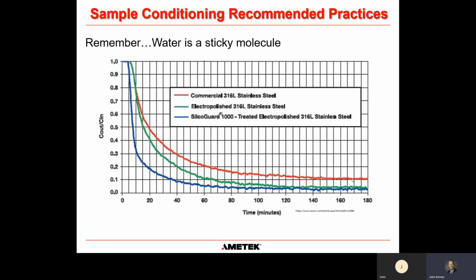You can see these are dry-down times for water, and we're talking about minutes to even hours. This is just with different types of stainless steel tubing, electropolished or coated. If I were to put up plastic or copper tubing or other things, you would see curves that are flatter and further up to the right, extending out quite a bit longer.